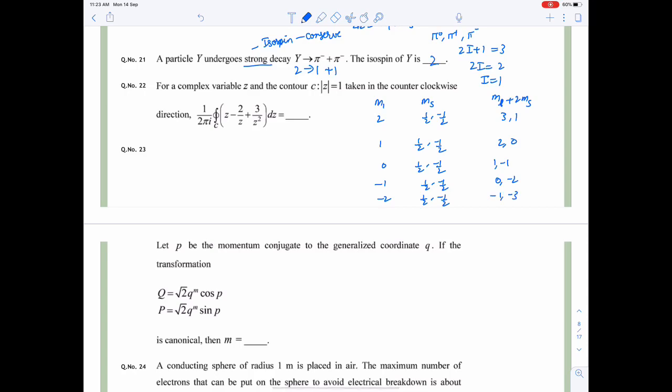minus 1, minus 3. Okay, now you can see that 1 is repeating 2 times, minus 1 is repeating 2 times, 0 is repeating 2 times.